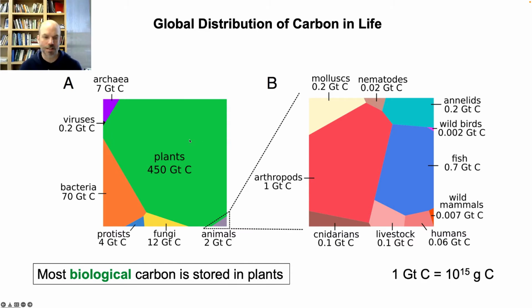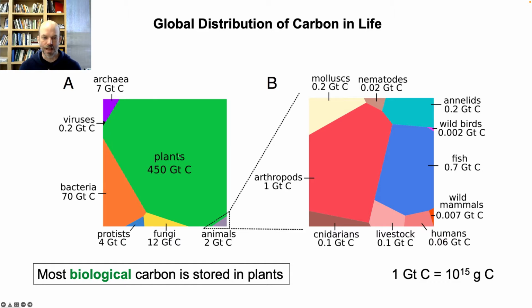So here's a different figure focusing now just on carbon in biology. And if you look at all of the biological carbon in the world, most of it is stored in plants. And that's because trees are very big, essentially. There are also a lot of grasses. And also when things like trees die, they still have a lot of carbon in them.